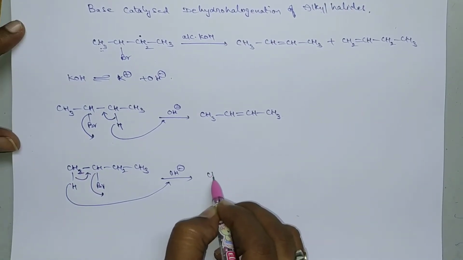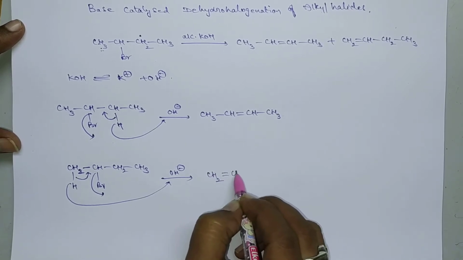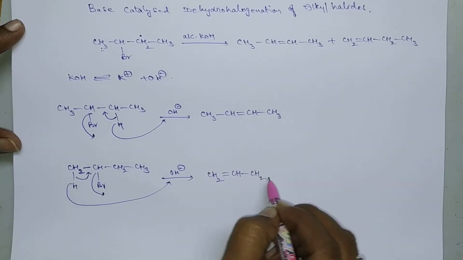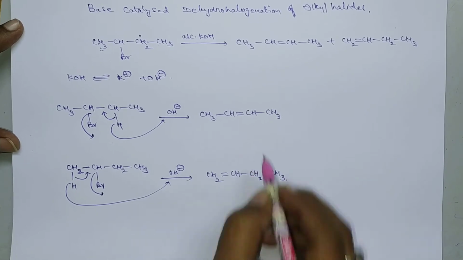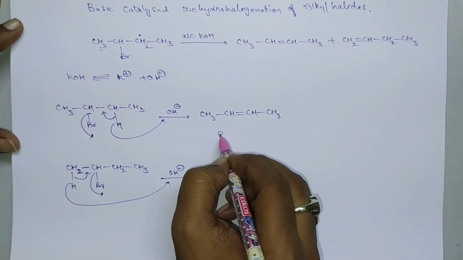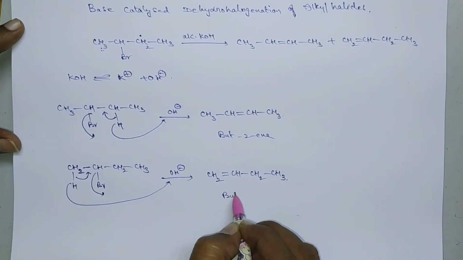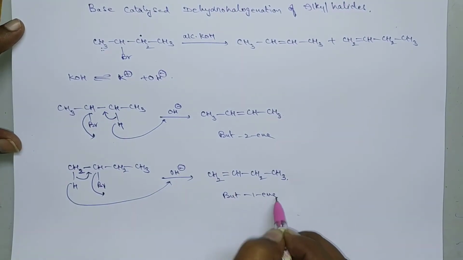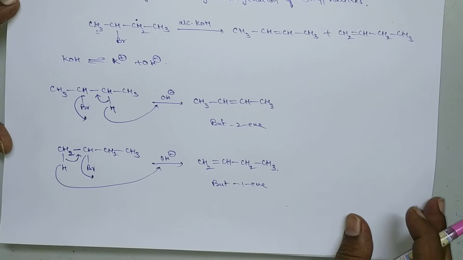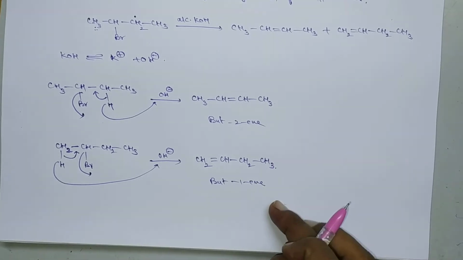Then we get CH2, double bond CH, CH2, CH3. This is called but-2-ene and this is but-1-ene. Between these two, which one is the major product? We have to predict which is the major product.